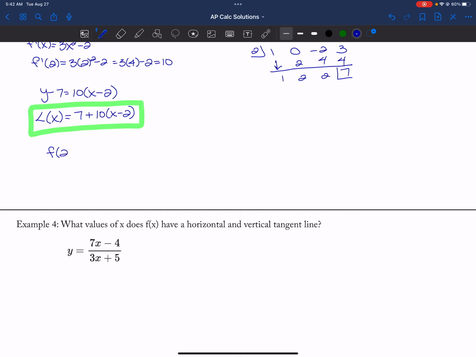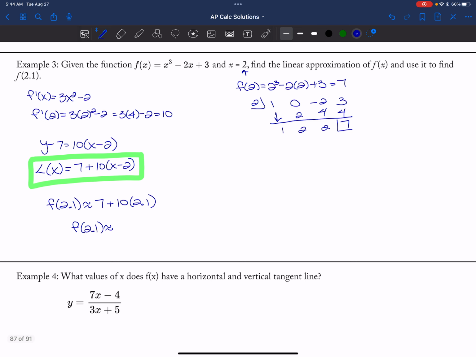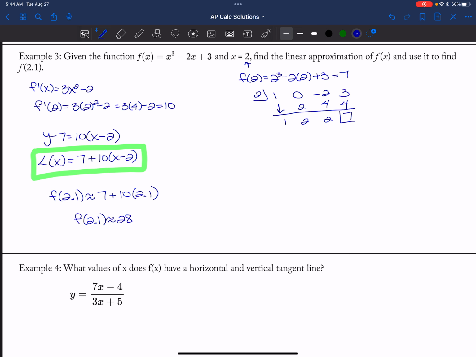So f of 2.1 is approximately equal to, when I plug in 2.1 into my equation here. I've plugged in a decimal into my equation of the tangent line. So my f of 2.1 is approximately equal to 28.